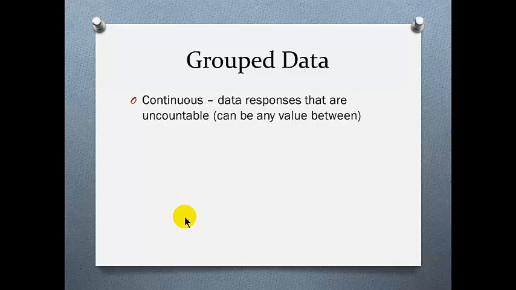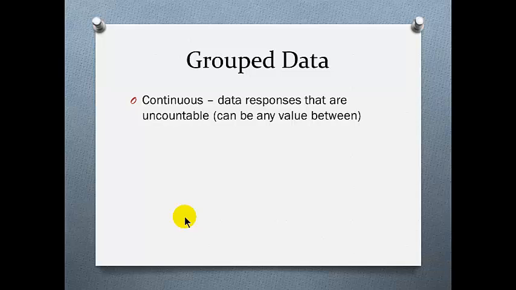We need grouped data in one of 2 cases. One option is a continuous case, where the data is not discrete. Remember, discrete means countable. Grouped data could be used for continuous or uncountable data. That can be any value in between. Let's say we're doing some type of measurement, and we want to know how tall a building is.